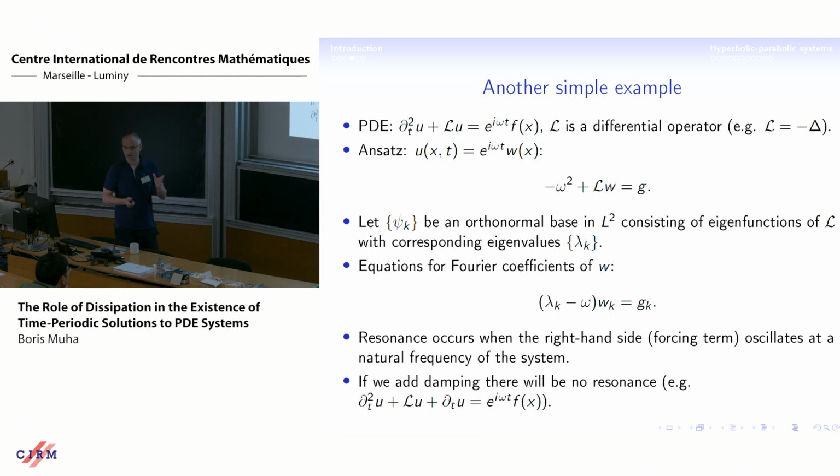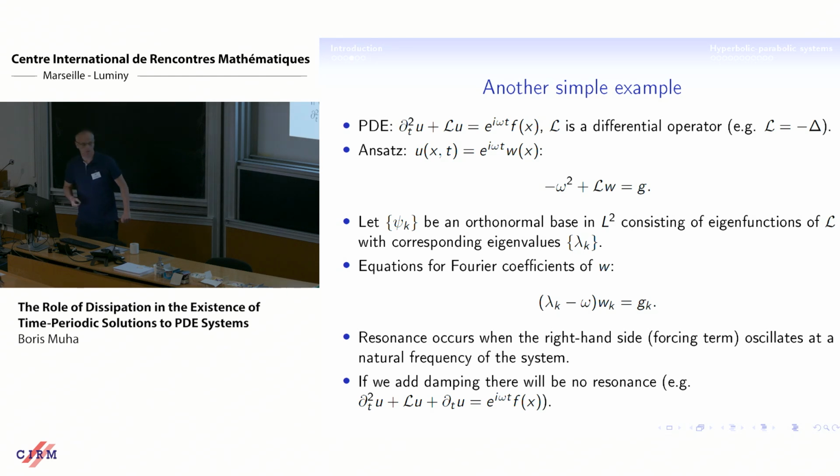So if you have time periodic forcing, you don't necessarily have a periodic solution, and then you usually have unbounded solutions. So there is this dichotomy: you have time periodic forcing, either you have a time periodic solution or a resonance occurs.